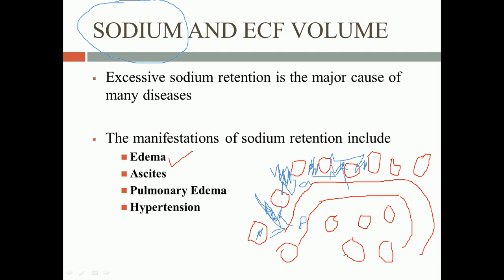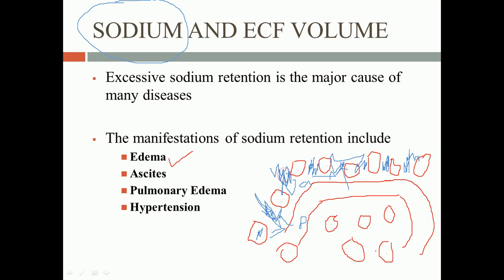Collectively, all the cells have water. If you accumulate that, that becomes around 28 liters. But the ECF, the interstitial fluid, will be increased, so this is called edema. So you can see what can happen.